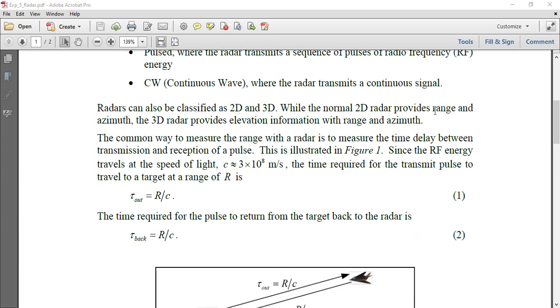A 2D radar gives you the distance. In the case of radar, the distance is called range, and azimuth is the angle from north, which way the object is located. And for 3D, it also gives you elevation information, what angle it is making from the direction of radar. This elevation information, or the angle it is making from the ground, actually gives you the height information.